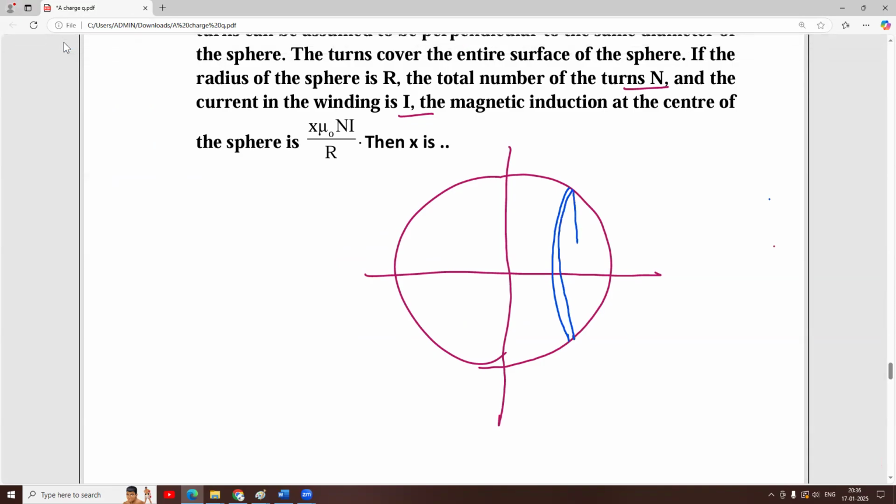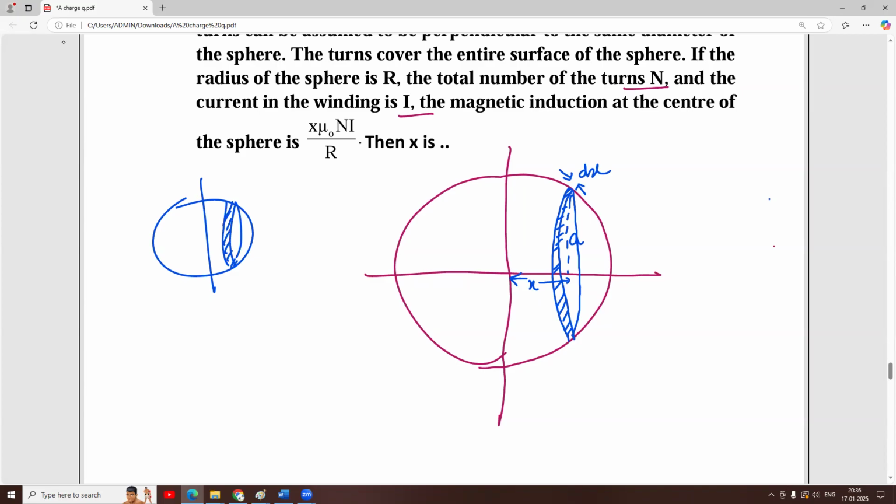So this is a coil that I have taken, and this radius is A. And that will be producing a magnetic field at the center of the whole sphere, at a distance x from the center. So this piece contains some number of turns. Let that piece that I have taken have a thickness dx.